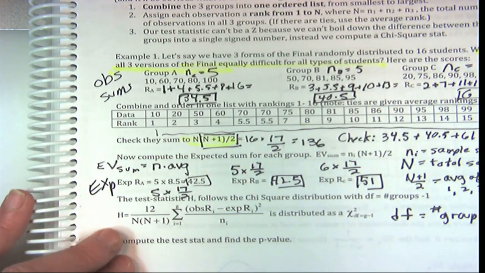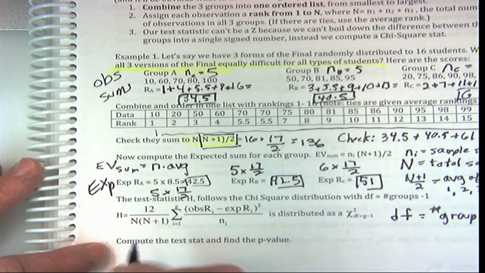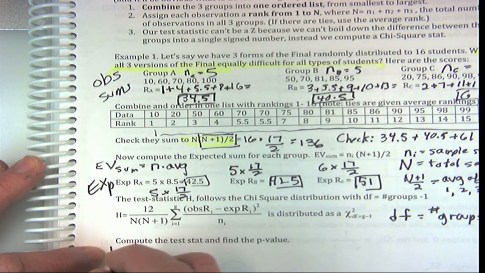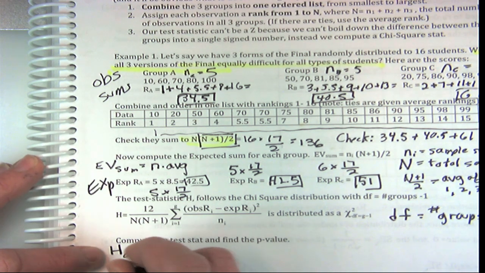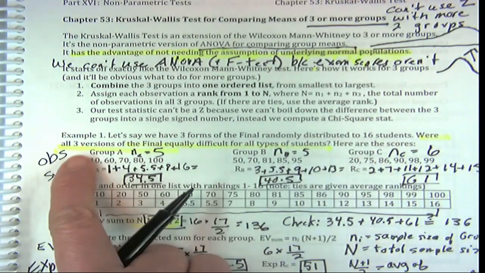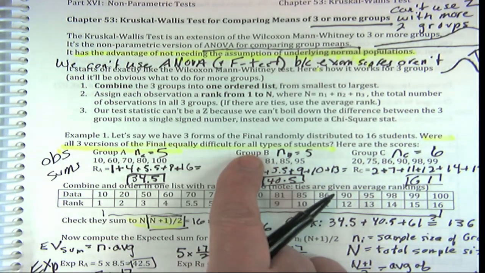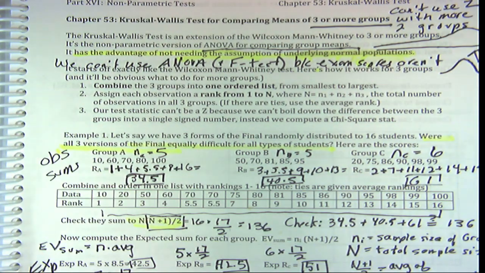So let's compute the test. But before we do that, we should really state our null and our alternative. So our null, what we're trying to figure out is were all versions of the final equally difficult for all types of students.